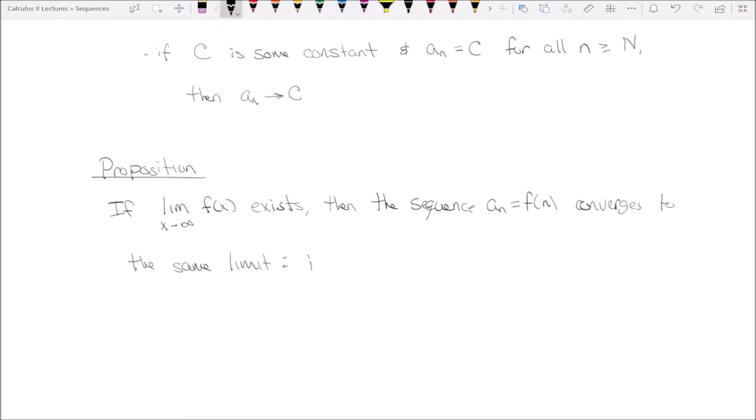I.e., in other words, the limit as n approaches infinity of a sub n is equal to the limit as x approaches infinity of f of x. So what this proposition is saying is that we can evaluate the limit of a sequence the same way we would evaluate the limit of a function.